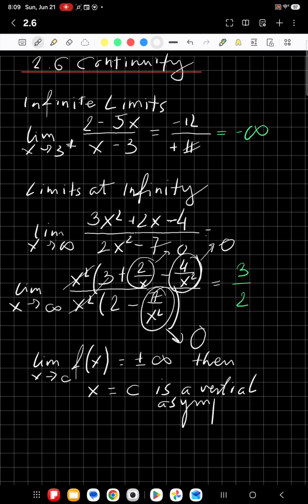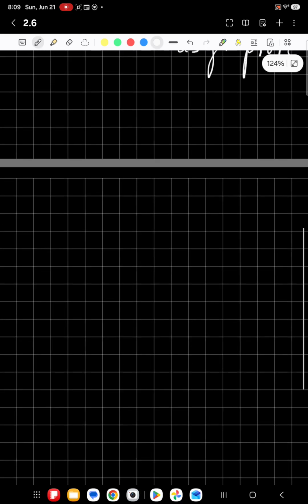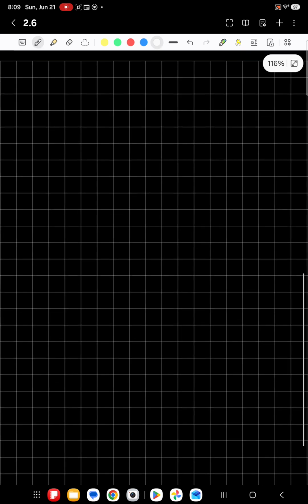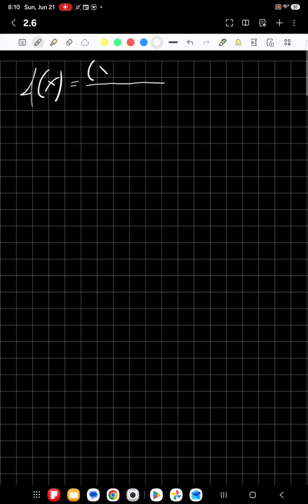And then there's that catch. Let me give you an example. When you have a function f of x, let's say we factored it already, so we have x minus 2, x plus 2, and x minus 1 as the numerator, and the denominator is, let's say, x plus 1 times x minus 2.